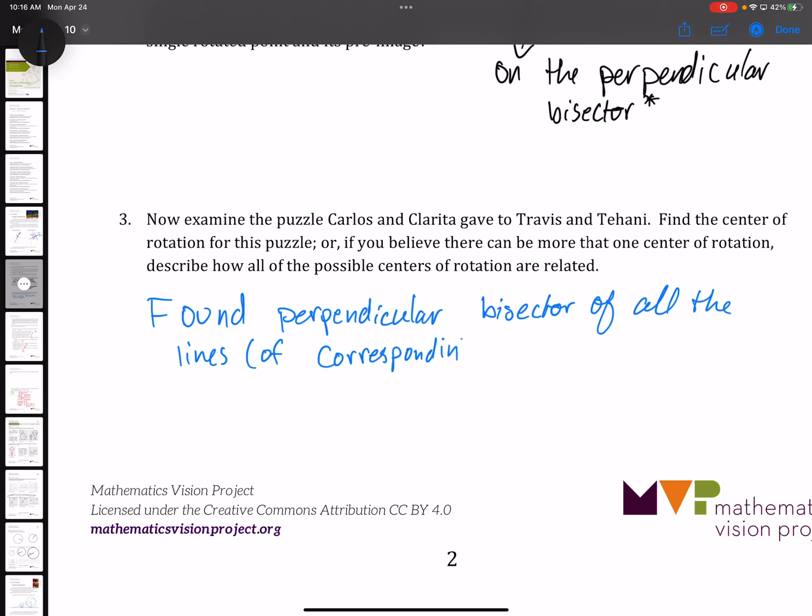So the lines that are created by corresponding points, like line B to B prime, A to A prime, C to C prime.